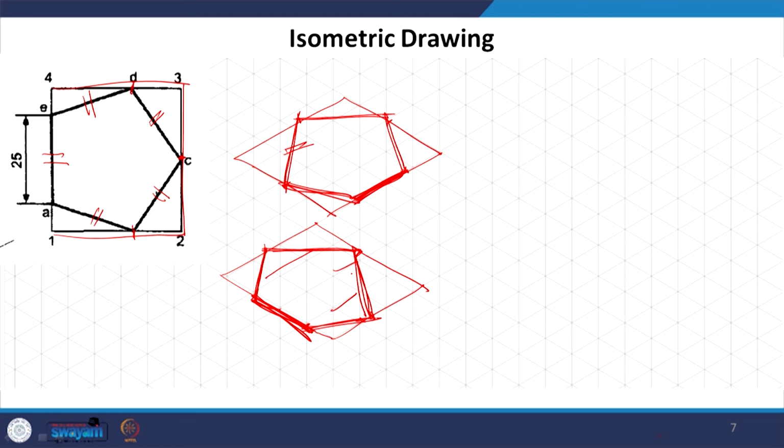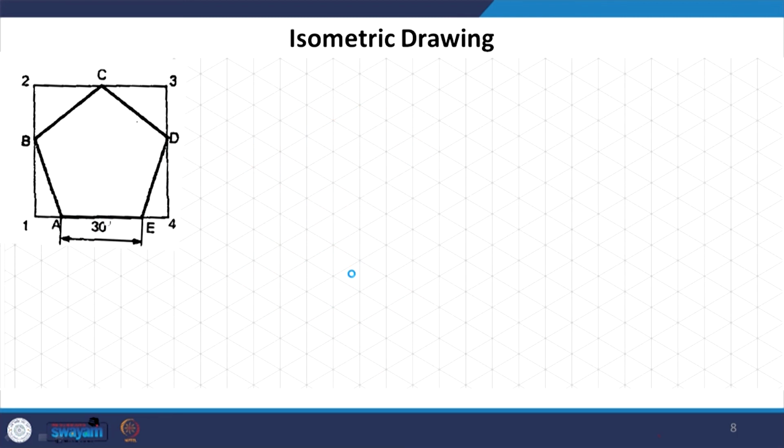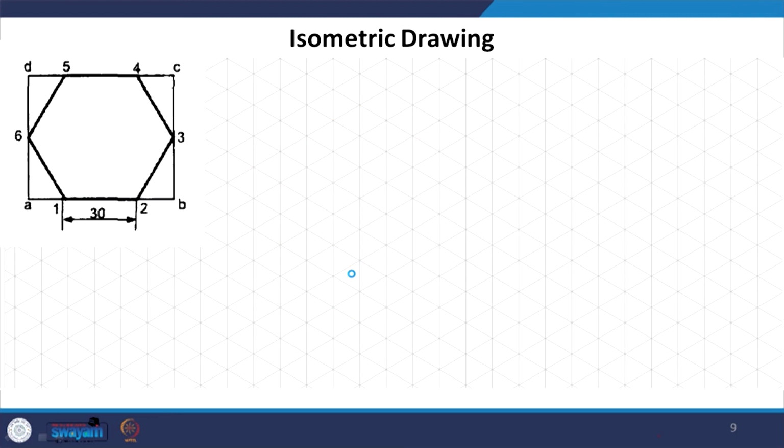So, keep this in mind, and similarly you can draw any particular condition in which the plane is kept. Same for another one. This is a pentagon, and now this one is a hexagon. I am drawing it very simply, but it is not going to be simple all the time. This is how you will draw your hexagon.